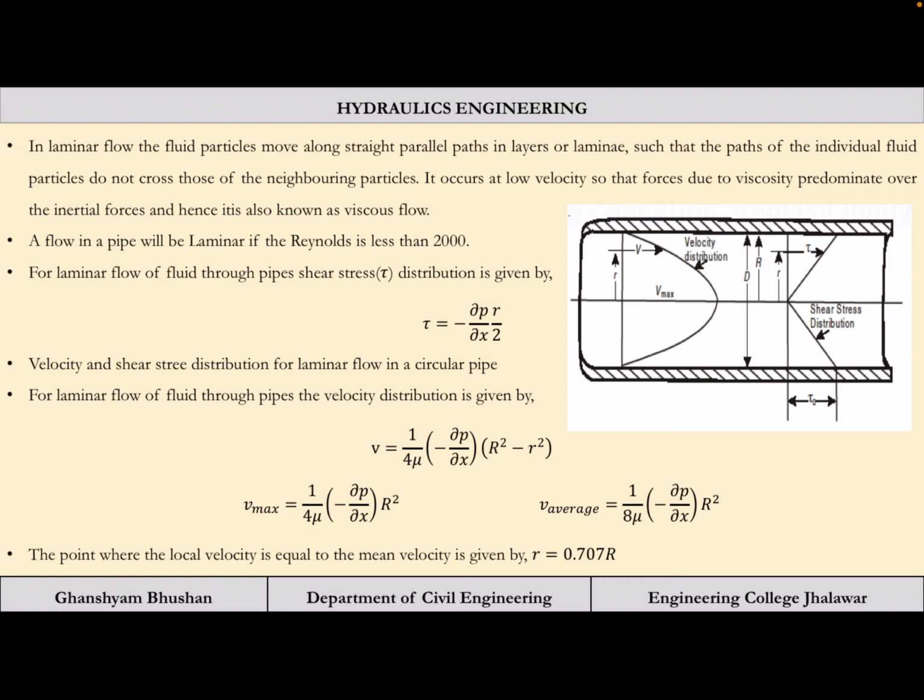So 2000 is not a strict limit, but generally, if the Reynolds number is less than 2000, it will be laminar flow.